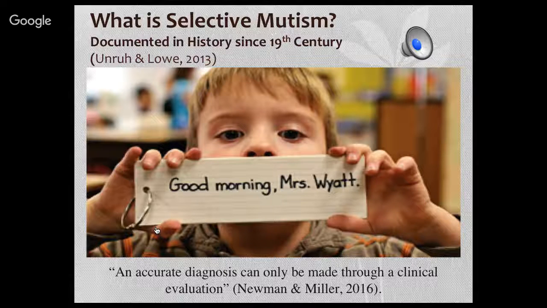This researcher found that selective mutism is associated with developmental delay almost as frequently as with anxiety disorders, which suggests a neurobiological cause.